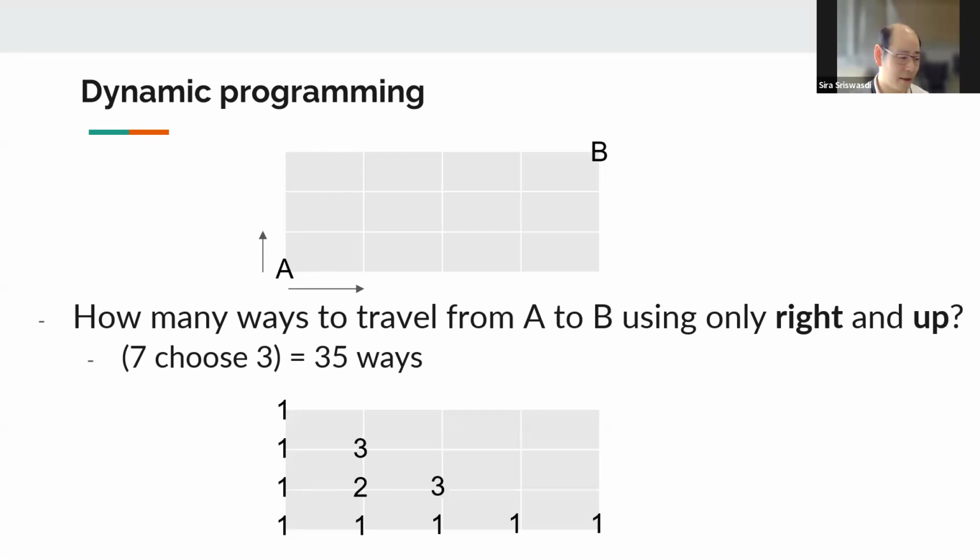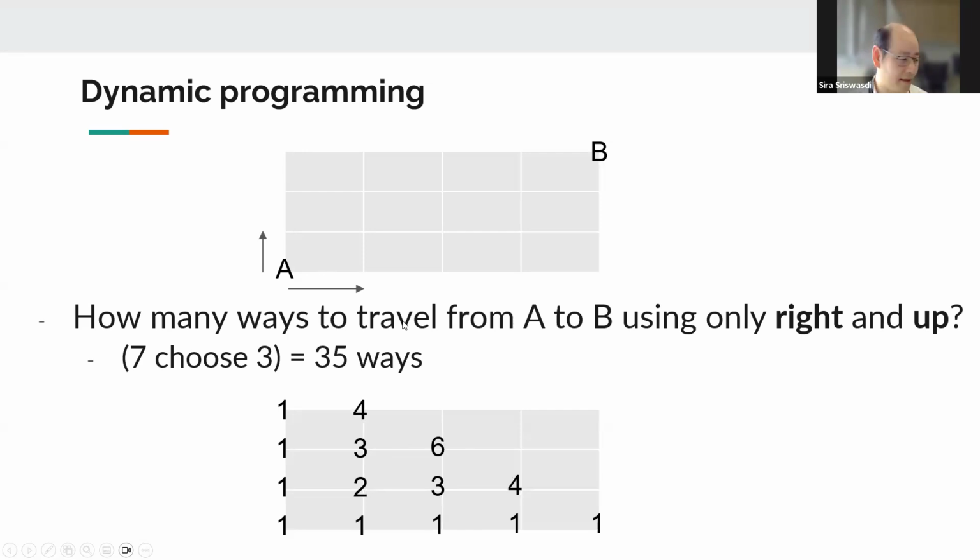The next layer has 3 ways, because you have one way to reach this point from the left, and 2 ways to reach this point from the bottom. So you have a total of 3 ways. This is also the same: you have 2 ways of reaching it from the left and 1 way of reaching it from the bottom, so you add 1 and 2 and get 3.